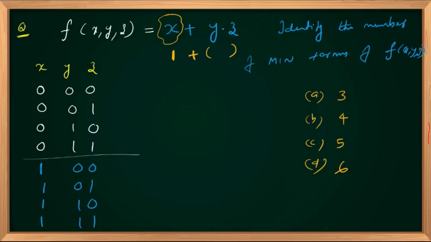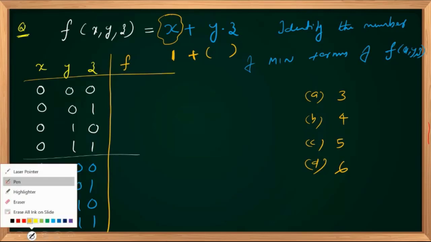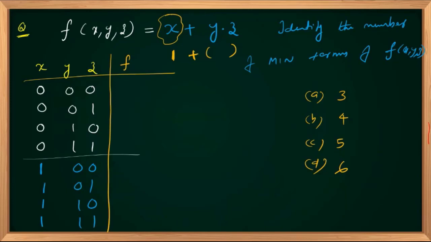So the function will be equal to 1 if x equal to 1. No doubt at all, because x plus a quantity. So if x equal to 1, definitely my function is also equal to 1.